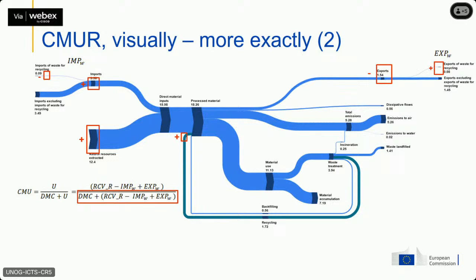We also wanted to include both imports and exports because it could also be considered just to consider imports, but not the exports. For an individual country, it's possible to consider just your imports because it's part of your intake of materials, but not to consider the exports. And some European countries are doing it that way.